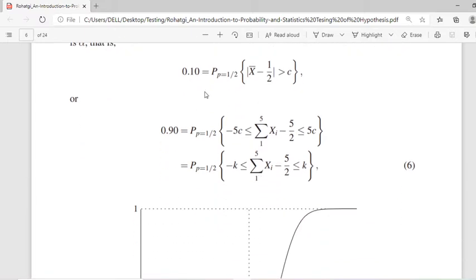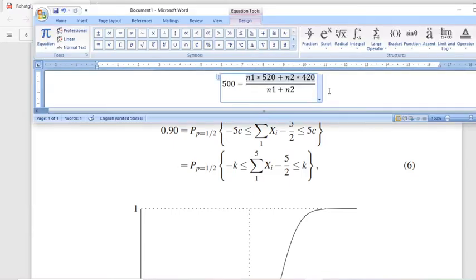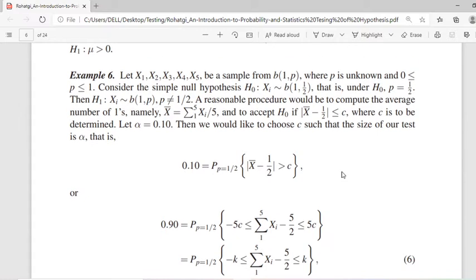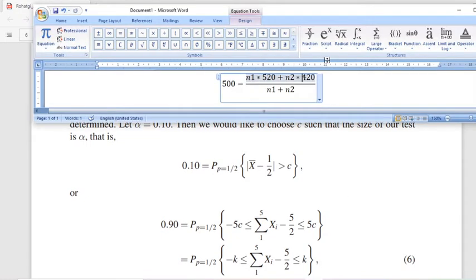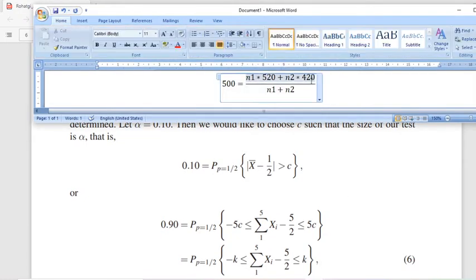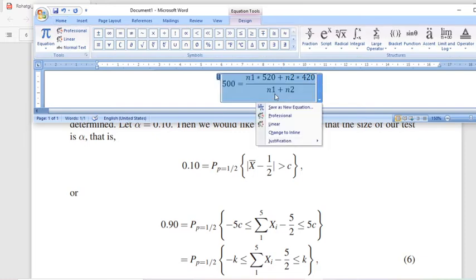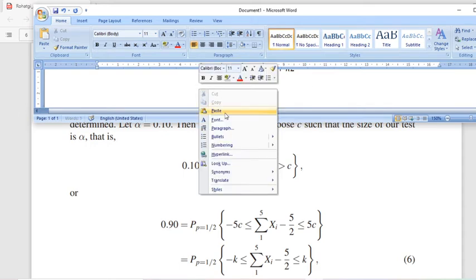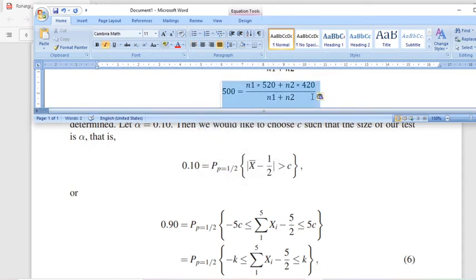So let us find out these values. How can we find out this probability? It's very simple. Let us write this example.